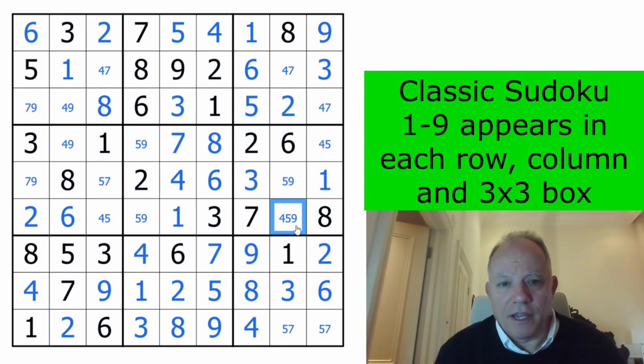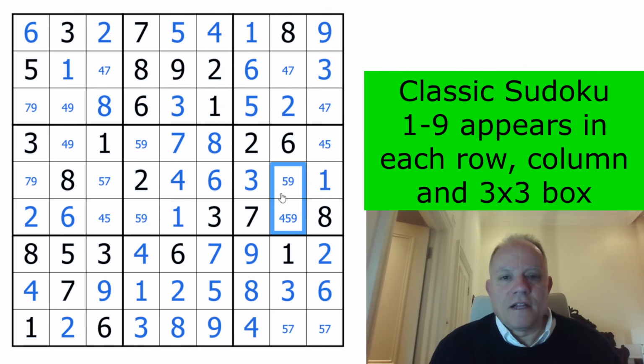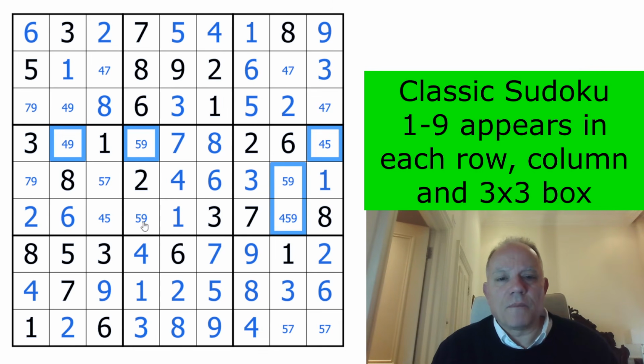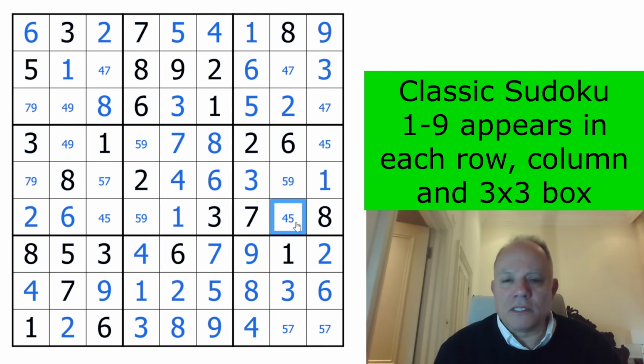So it's not a 9. Do you see that? Let's go through that again. If this was a 5 or a 9, then we'd have to have a 4 here, which would put a 9 here, would put a 5 here, and that would put a 9 here. So if this was a 9 or a 5, this would be a 9, and therefore this cannot be a 9, because there'd be a 9 there, and that's impossible. So this is not a 9.